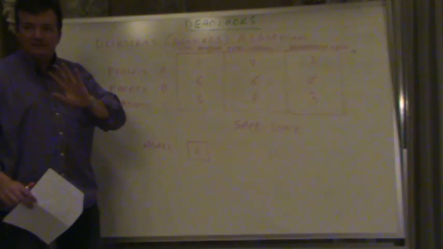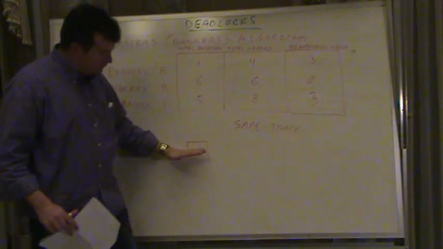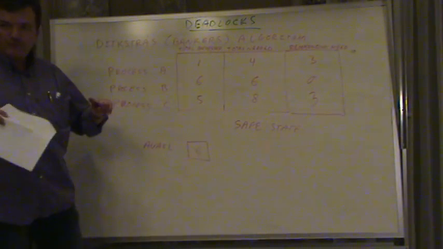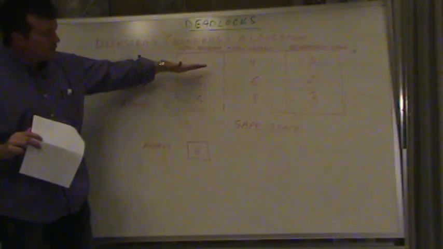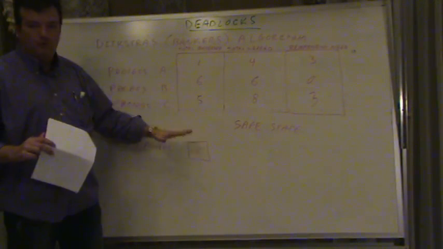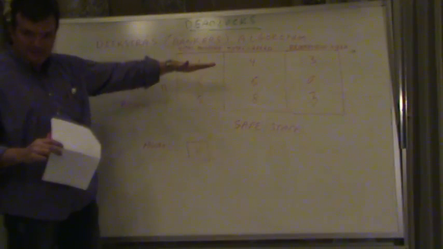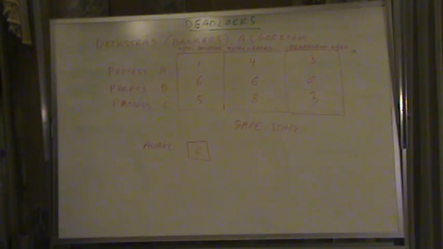But that's not enough to say you're in a safe state. The one that finishes then returns its resources to our pool. That would have to give us enough resources for at least one other process to finish, which would then return more. We'd eventually have a path that will let us have all processes eventually finished.